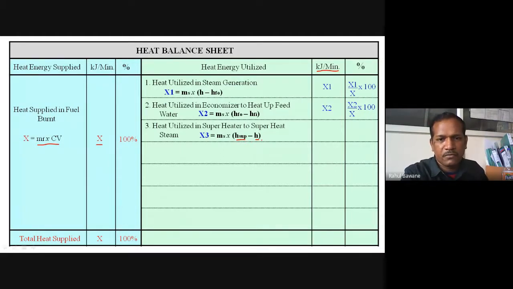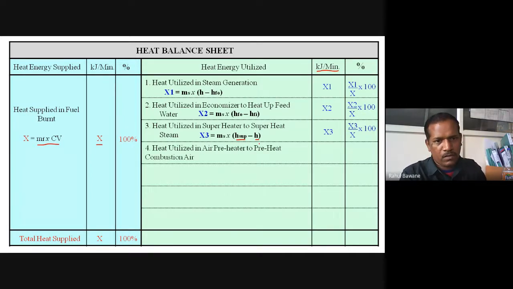So enthalpy change will be H super minus H, times mass of steam generation. This gives one particular amount of heat utilized, in kilojoule per minute, suppose X3. So we can find how much percentage of total heat is utilized in superheating.